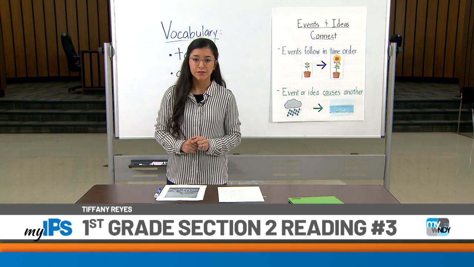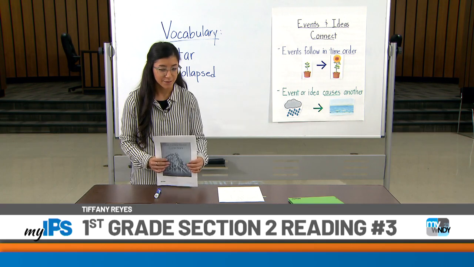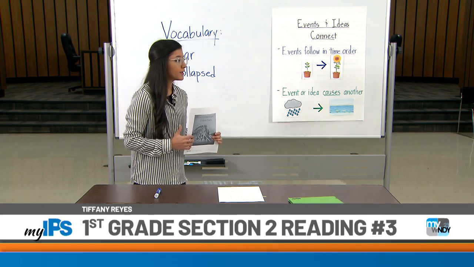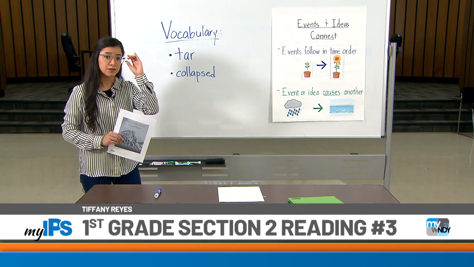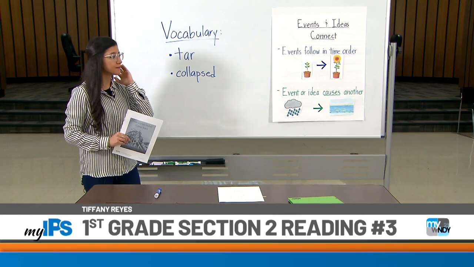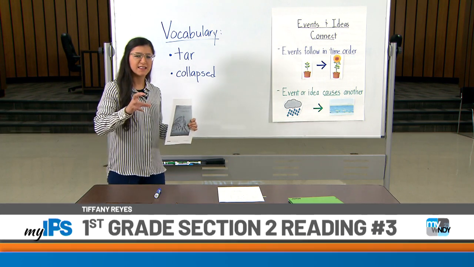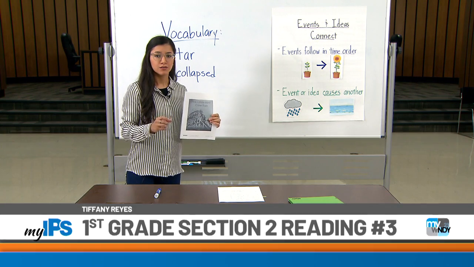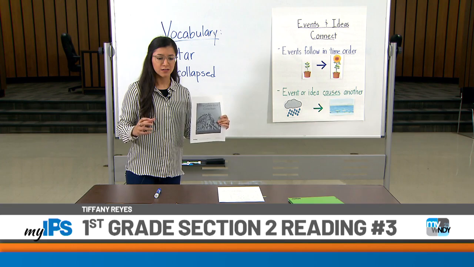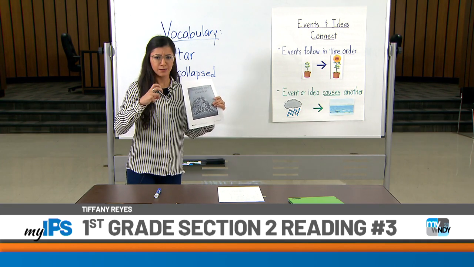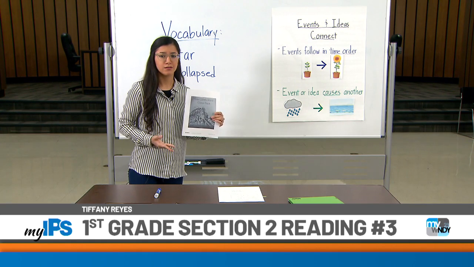We're going to read a story called How Coney Island Came Back. It's a very interesting story. Now you may find two words that you might not know the meaning of, so we're going to review them super quick. You might see the word tar, which is a thick, heavy substance that when it's hot can be shaped, and when it's cold gets very rigid and hard, and it's usually used to cover roads.